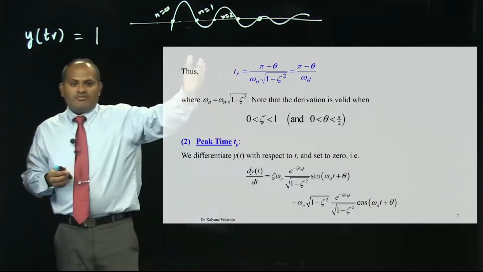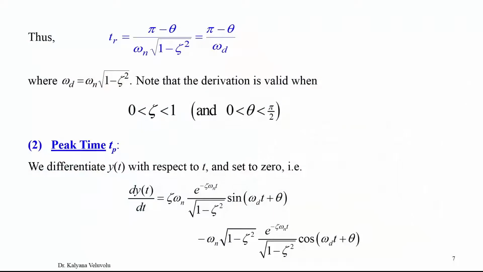When we substitute n equal to 1, we get the rise time expression as tr equal to pi minus theta by omega d, where omega d is equal to omega n into square root of 1 minus eta square. So, you get the nice expression: rise time is equal to pi minus theta by omega n root of 1 minus eta square. If you rewind, that is how we do the analysis.